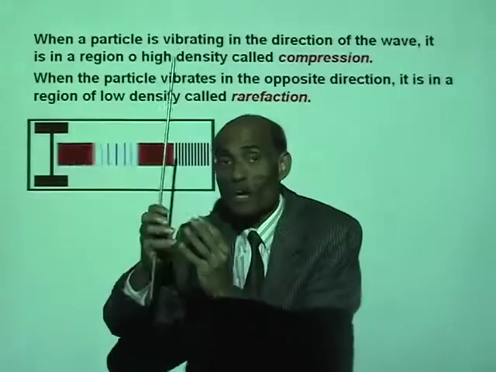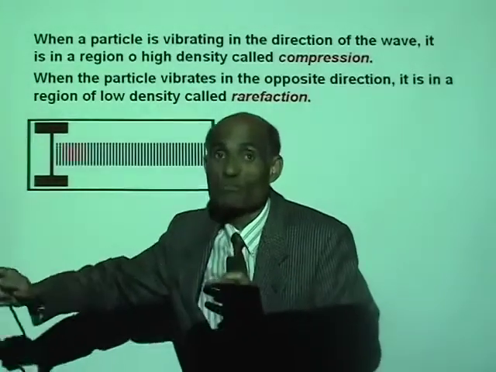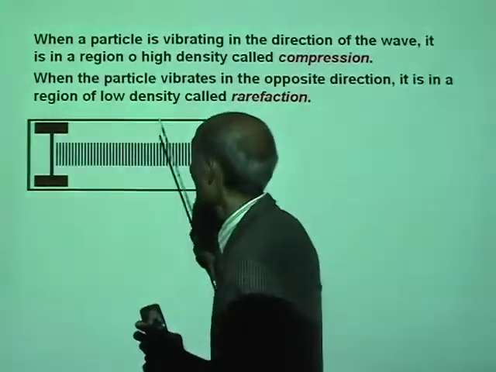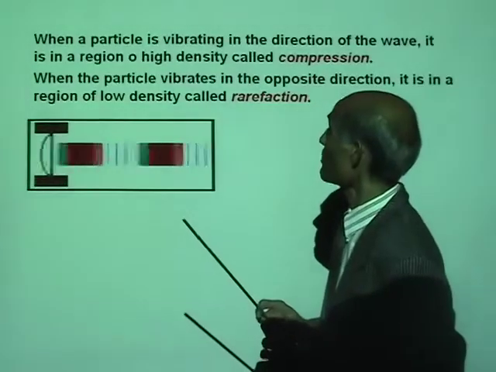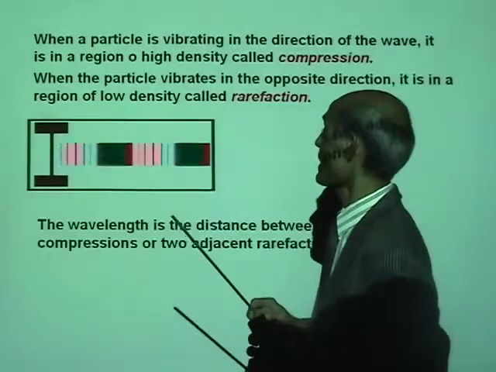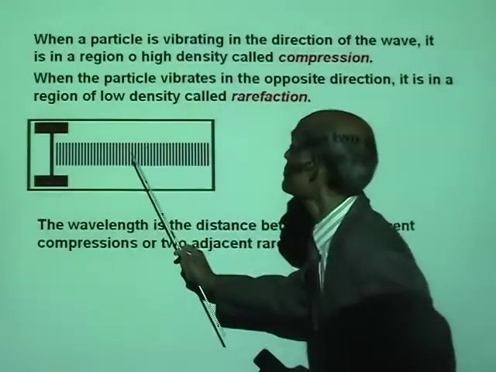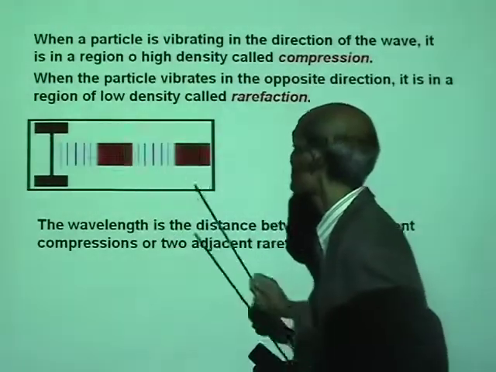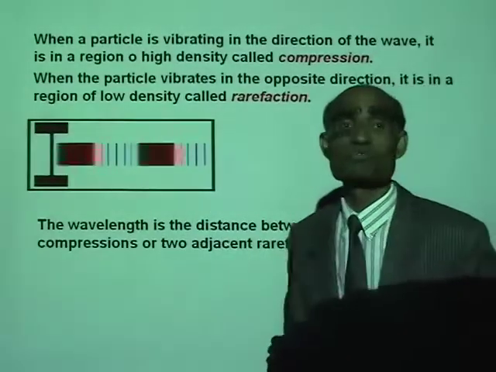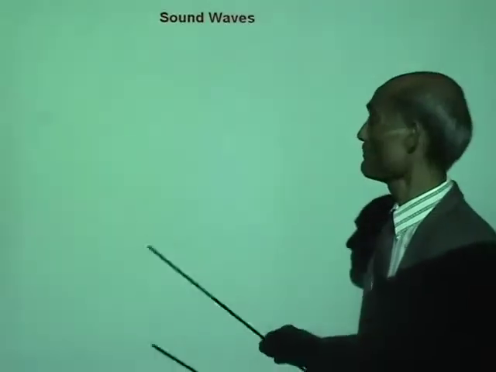These compressions and rarefactions are advancing in the medium, and that is an example of a longitudinal wave. The wavelength is the distance between two adjacent compressions or two adjacent rarefactions.